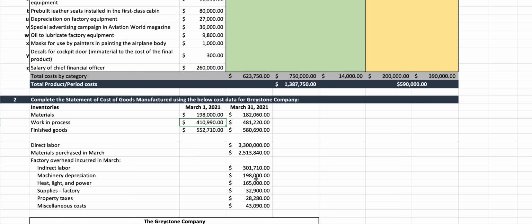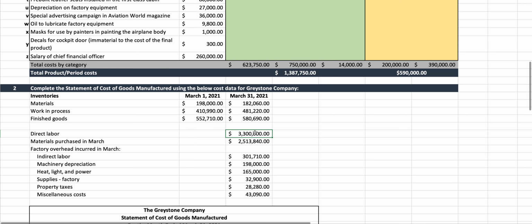This is the work in process at the beginning of March and the work in process at the end of March. Our finished goods are listed here too, again for the beginning and the end of March. We were also given some information regarding direct labor, all of the materials that we purchased during the month of March, and then all of the factory overhead that we incurred during the month of March.